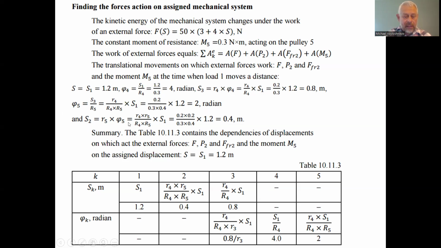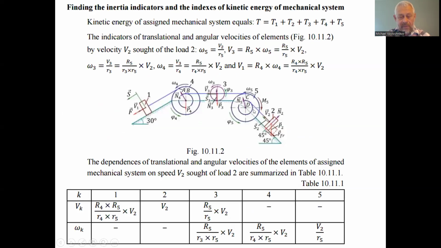This is the angle of rotation of the fifth pulley multiplied by the internal radius of the fifth stepped pulley, which gives the translational motion of the second load when the first load moves it through the sequence of drives.